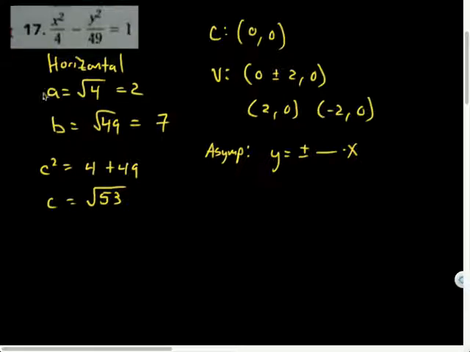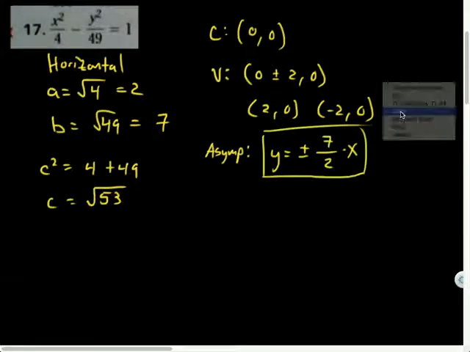Because it's horizontal, a is the over amount, right? It's going over a units and going up b units from the center to find the equation of my asymptote. So it's b over a in this case. I never memorize it, I just think about it every time. So plus or minus 7/2 x hopefully is the equation of our asymptote.